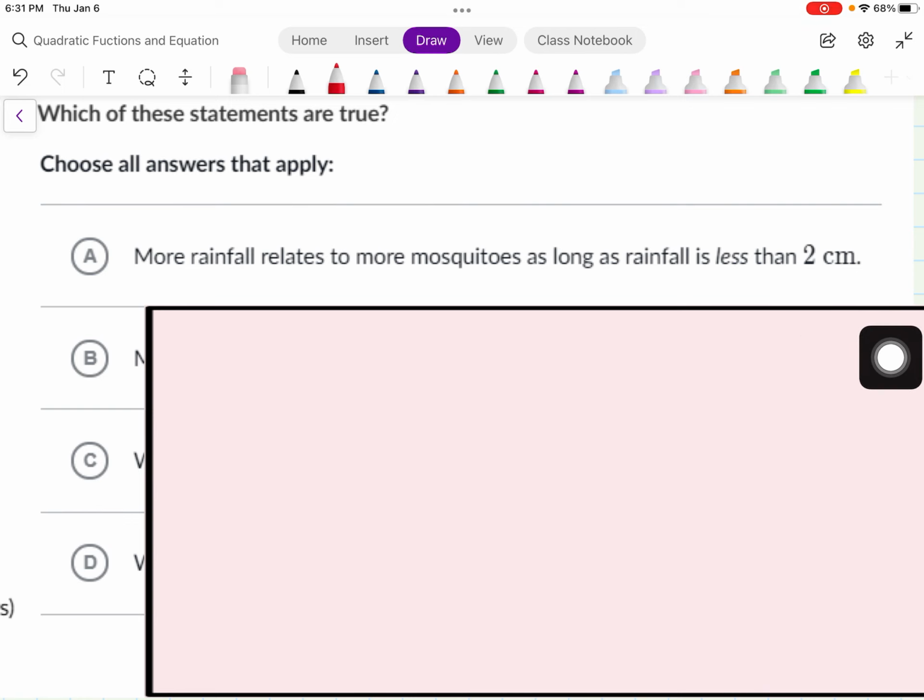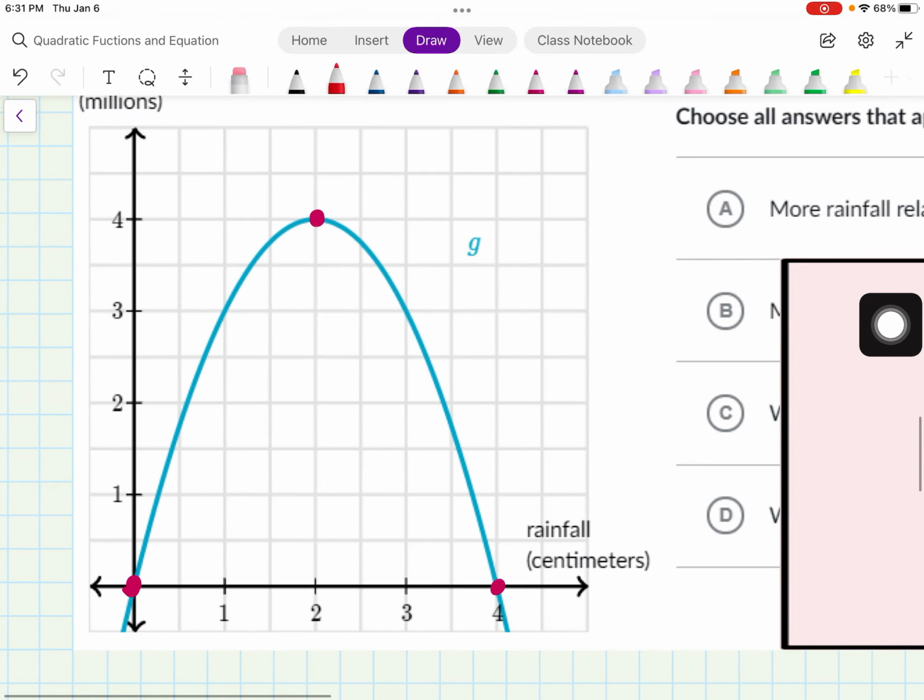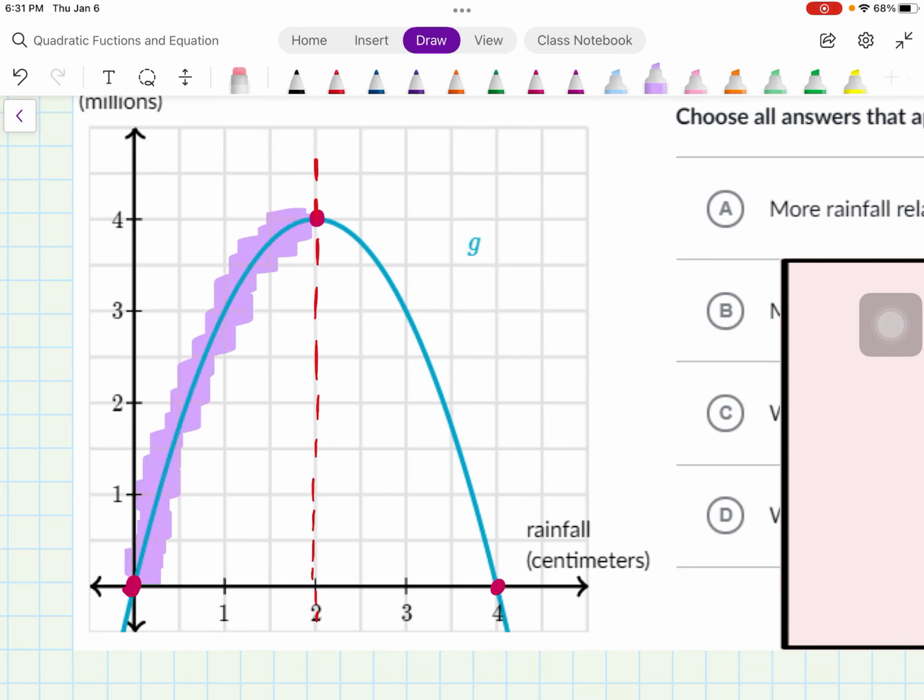So in this case, we're looking from 2 centimeters of rainfall and anything less, we should have more mosquitoes. So 2 centimeters of rainfall is here, right? So we're taking a look in this case, guys, at this section here. What they're saying is the more it rains, the more mosquitoes we have.